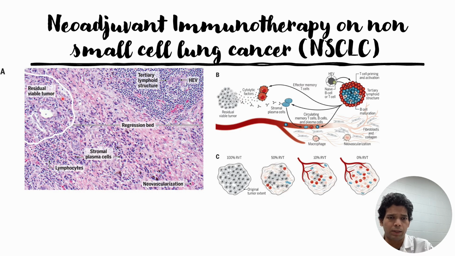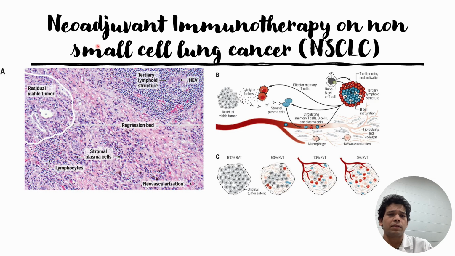This is the residual viable tumor site, and this is the HEV, the high endothelial venule. The HEV's role is to traffic T cells and B cells towards the tumor microenvironment. At the same time, it also helps in the priming and activation of these T cells.